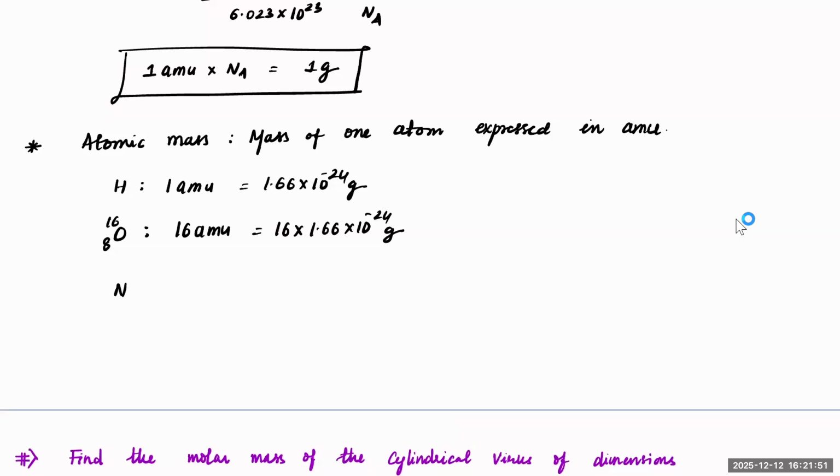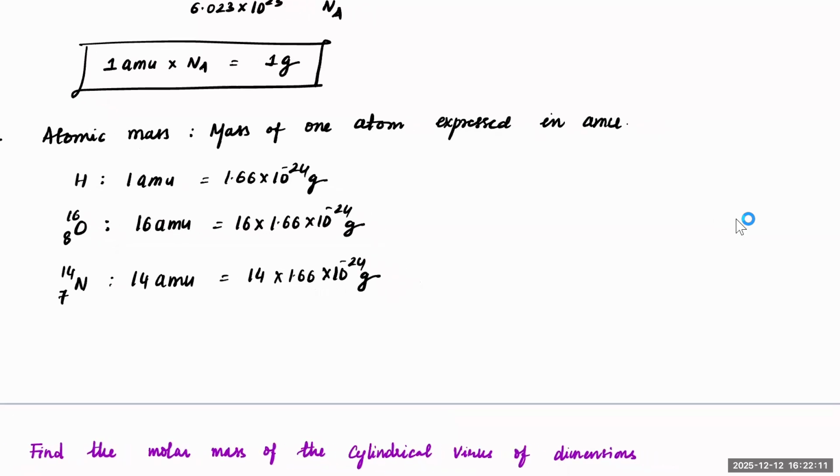Likewise, nitrogen is 14 AMU, which is 14 into 1.66 into 10 raised to power of minus 24 grams. Clear? Is this clear, beta? Yes.